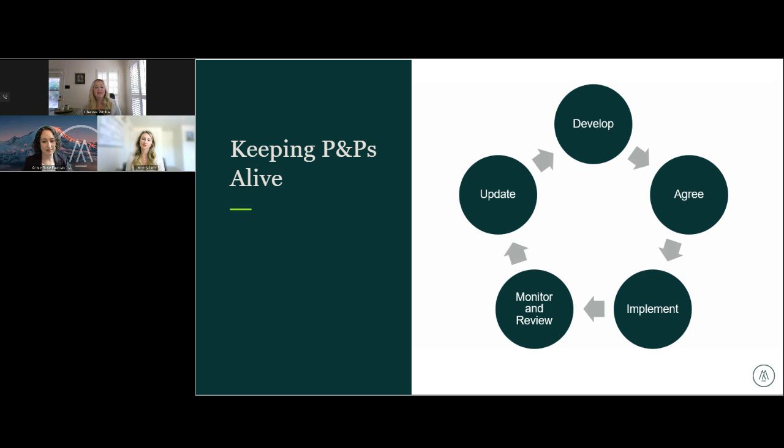So the first thing is developing the policies and procedures, working with key management teammates and also key employees who are in the crux of the procurement process. And then making sure that everybody is actually agreeing with this information. I think this is a really good time to make sure that the employees think this is actually doable.